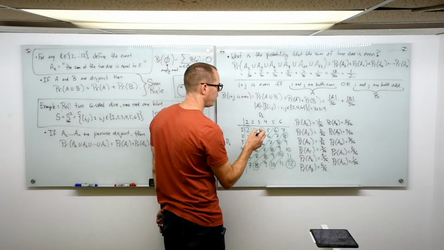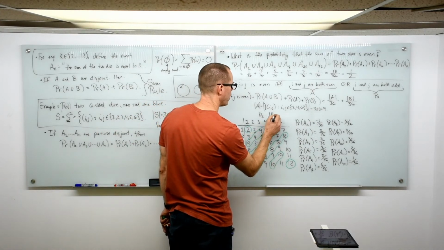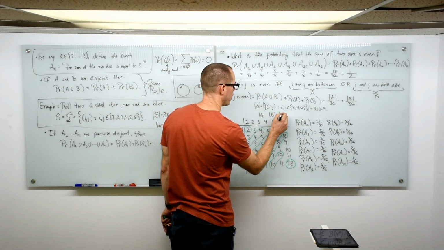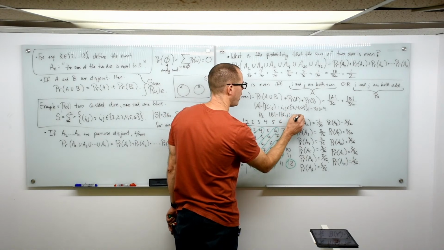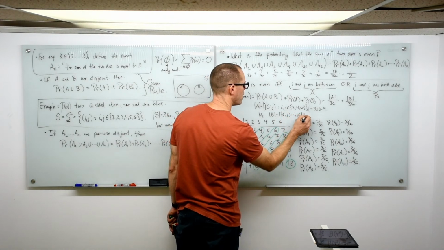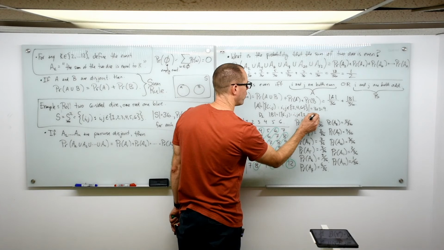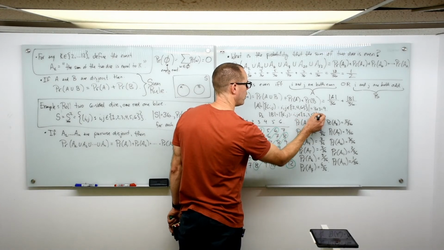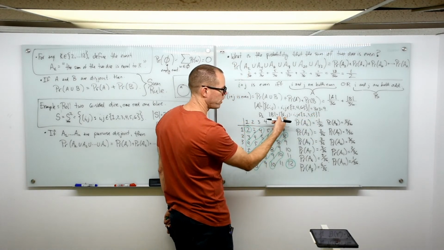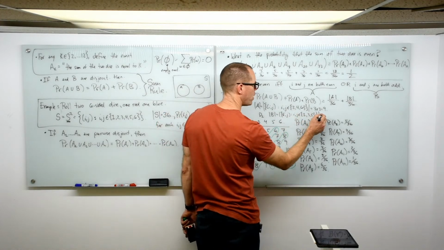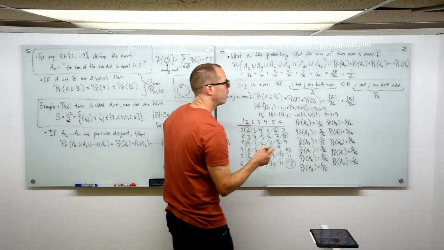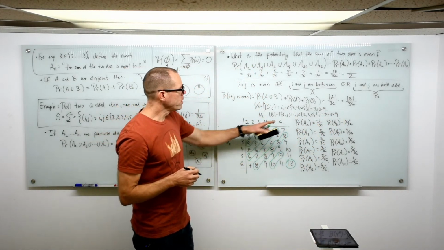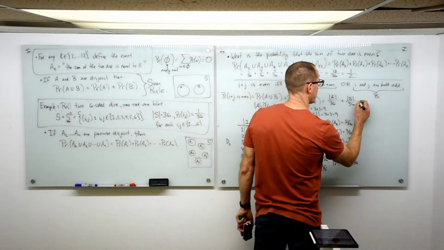And the same thing works for B. B is just the pairs I, J where each of I and J is taken from the set 1, 3, or 5. And the size of that, 3 choices for I, 3 choices for J, which means that this is 9 out of 36.